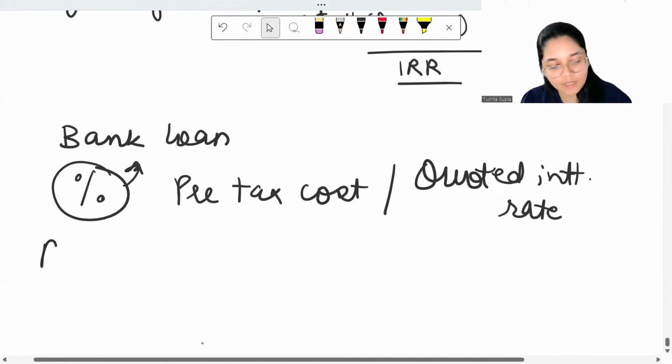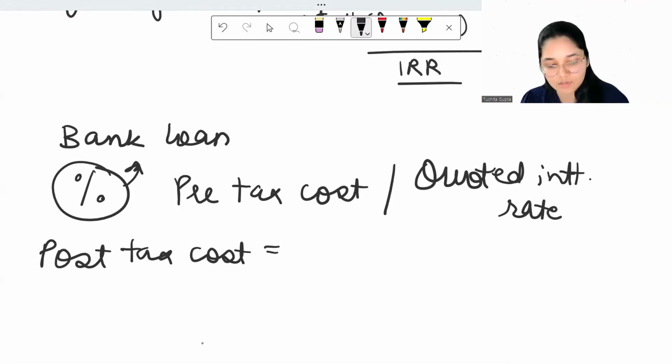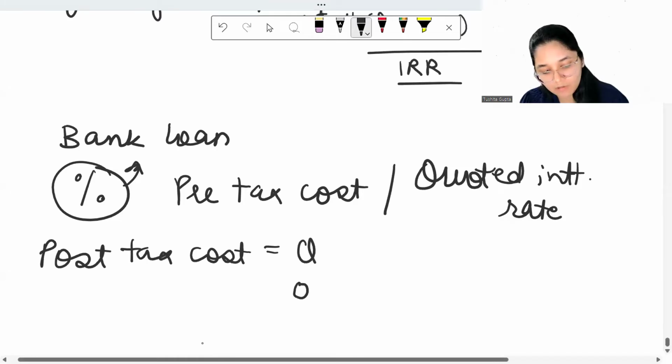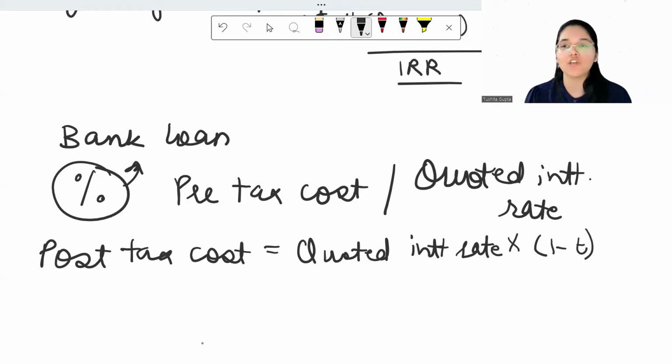Then how do you convert it to a post-tax cost? It's simple. The formula that we have learned above also, post-tax cost is going to be your quoted interest rate multiplied by 1 minus tax rate. So if you just do this adjustment, you will have the post-tax cost of your bank loan. Why is this adjustment done?